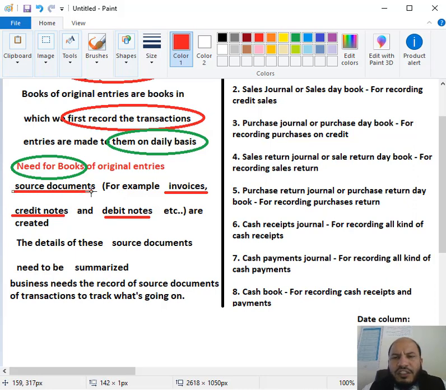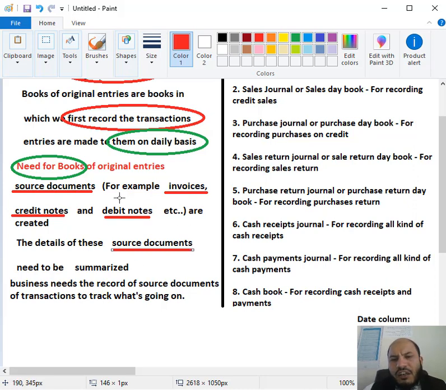A source document is a document which is evidence for the purchase, sale, or any transaction that we held within the business. As I mentioned earlier, we have invoices, bills, debit notes, credit notes, purchase bills, sale bills, and so on.